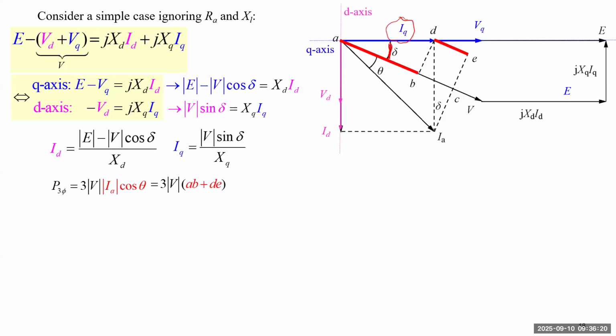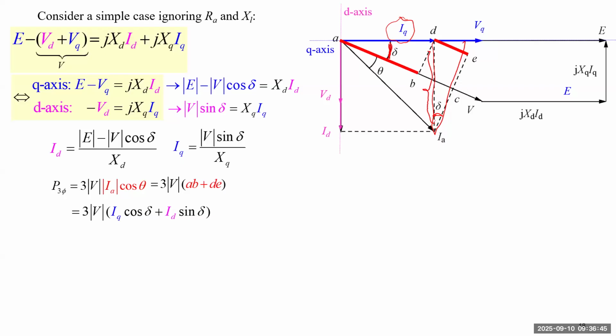And what is D to E? For D to E, we can utilize this triangle, because we know this line is ID. Then we multiply this one by sine delta. Okay.